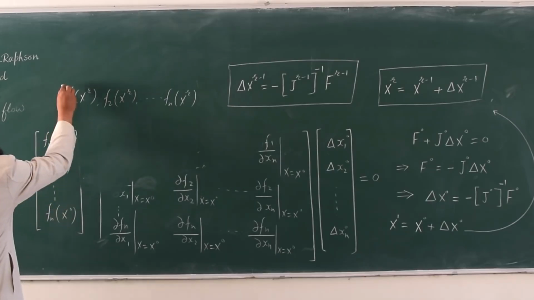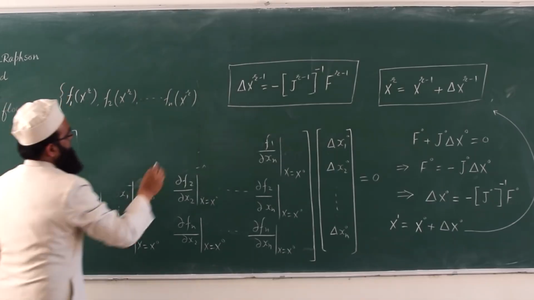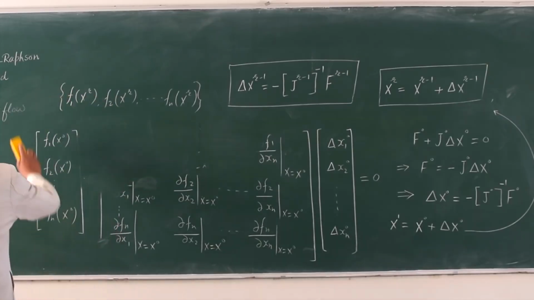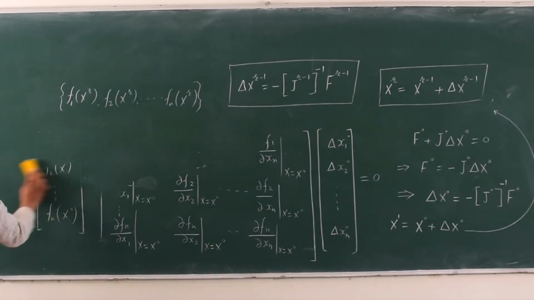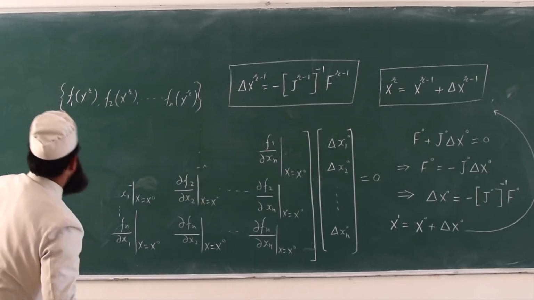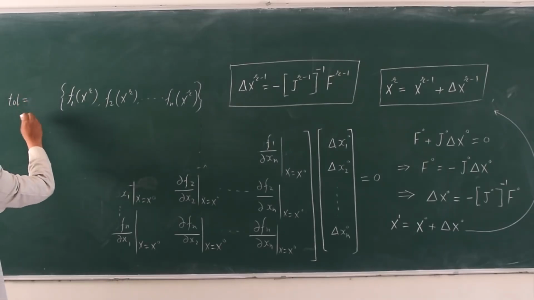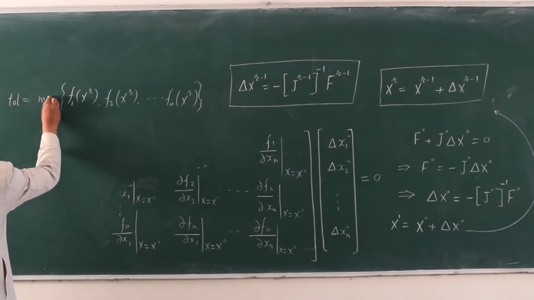So, take the maximum of this. Say this is tolerance, say TOL, tolerance is equal to the maximum of this.